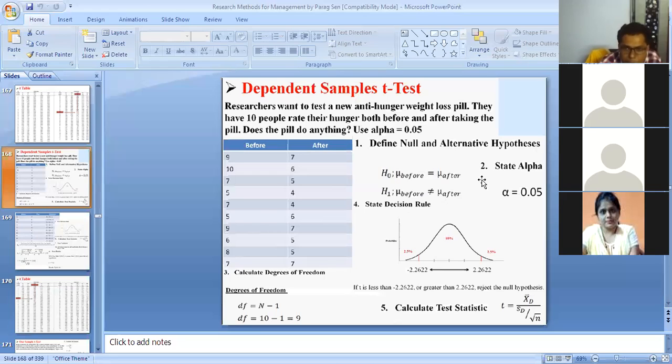Your alpha value is also 0.05. You have considered 10 people, so your degrees of freedom is 10 minus 1, equal to 9.